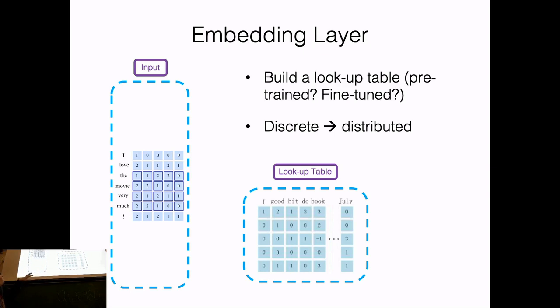If you have implemented some code, you will find you really should set up a lookup table, and its role is to convert the words into dense vectors. Usually you could either randomly initialize this table or pre-train it with some external unsupervised embedding, such as word2vec or GloVe. So that's the functionality of the embedding layer.